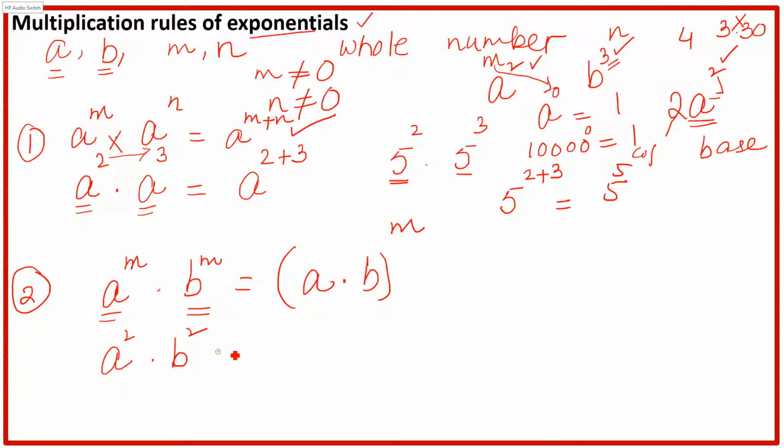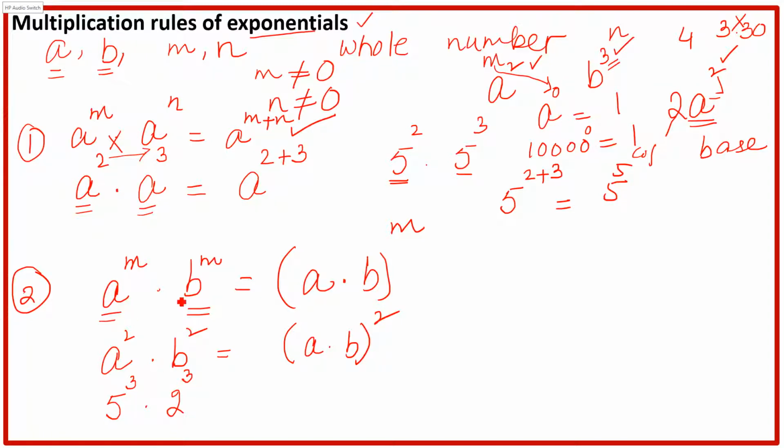If we have different bases, we cannot add the powers. How will we write it down? We write A dot B, and then the exponent. I will show you here. Suppose we have 5 cubed instead of A, and here we have 2 cubed.